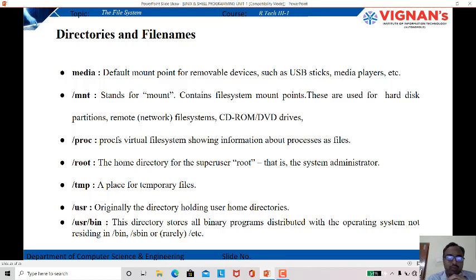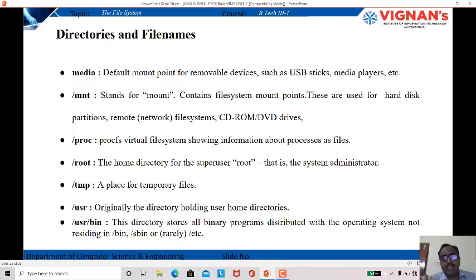Next one is root. It indicates the home directory for the super user root. The super user is nothing but the system administrator, the person who has the entire authority and control over the system. Next one is tmp.